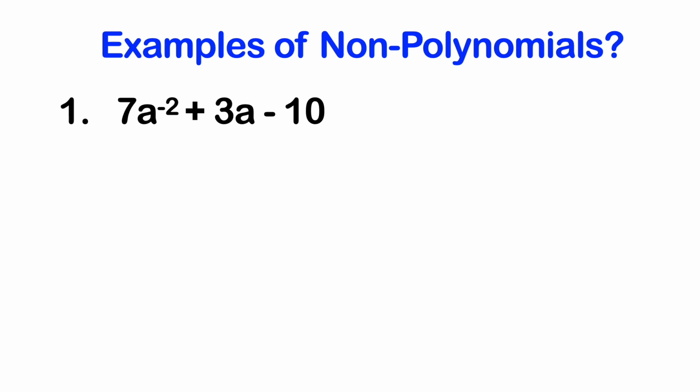Although yung exponent ng second term ay whole number, yung 3a, whole number yung kanyang exponent. Pero itong first term ay negative 2. So, hindi niya na-meet yung requirement na dapat ang exponent ay whole numbers. So, yan ay non-polynomials.